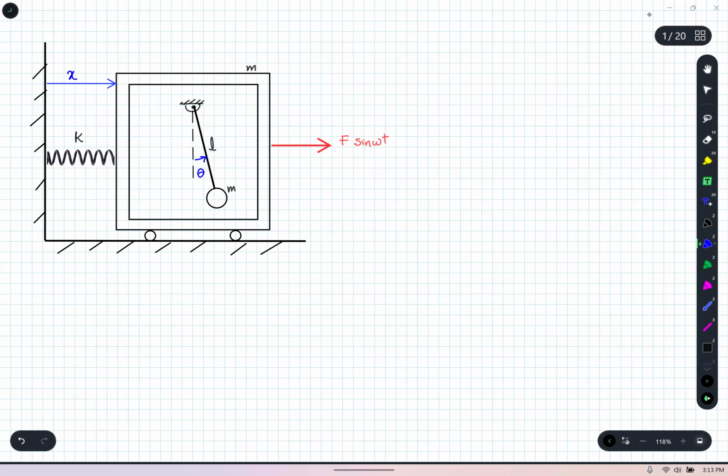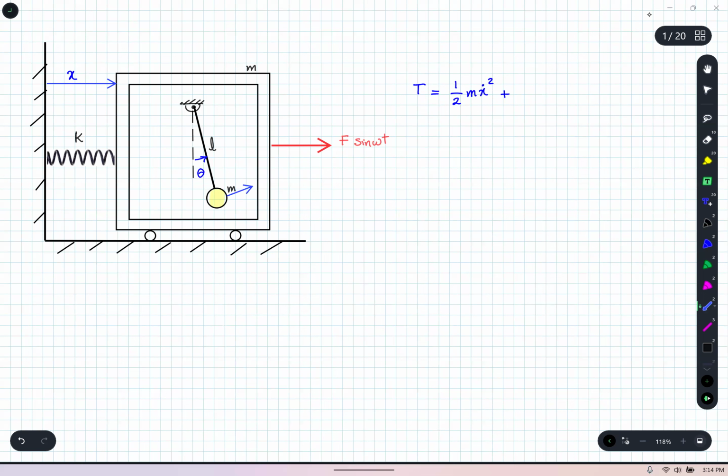In this problem, typically we use Lagrange approach because it makes the solution easier. I need to find T, the kinetic energy. Well, I have the card, which is half of m x dot squared. For the pendulum, since it is only a concentrated mass m there, all I need to do is find its absolute velocity.